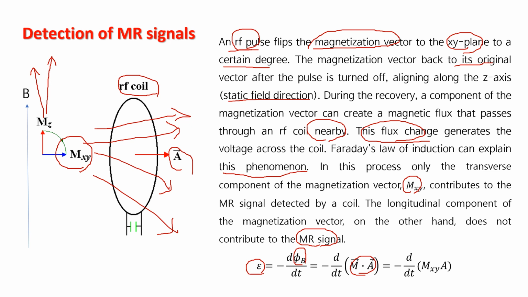Of the components of the magnetization, only the transverse component can pass through the coil, so it gives the voltage. So only the transverse component of the magnetization vector contributes to the MR signal. On the other hand, the longitudinal component of the magnetization vector does not contribute to the MR signal.